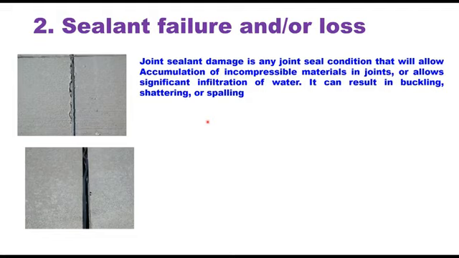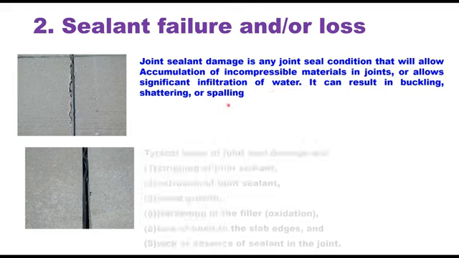Sealant failure or loss of sealing material. Joint sealant damage is any joint seal condition that will allow accumulation of incompressible materials in the joints or allow significant infiltration of water. If not taken care of in time, it can result in buckling, shattering or spalling of the slab.